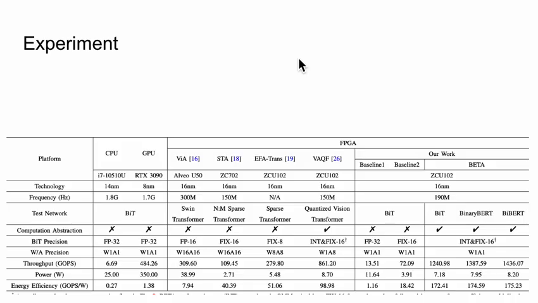Results show that lower activation precision increased throughput and energy efficiency with minor accuracy loss. BETA outperforms previous FPGA designs by 22 times and achieves hundreds of times better energy efficiency than CPUs and GPUs.